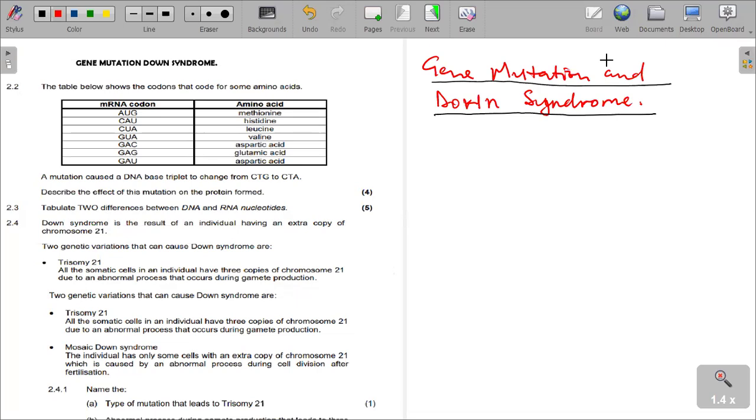Today we are going to talk about gene mutation and Down syndrome, which are key syllabus components that you always see in our exams. We always need to understand protein formation, that amino acids are the building blocks of proteins. During protein formation, we agree as a class that it is mRNA that has been transcribed during transcription.